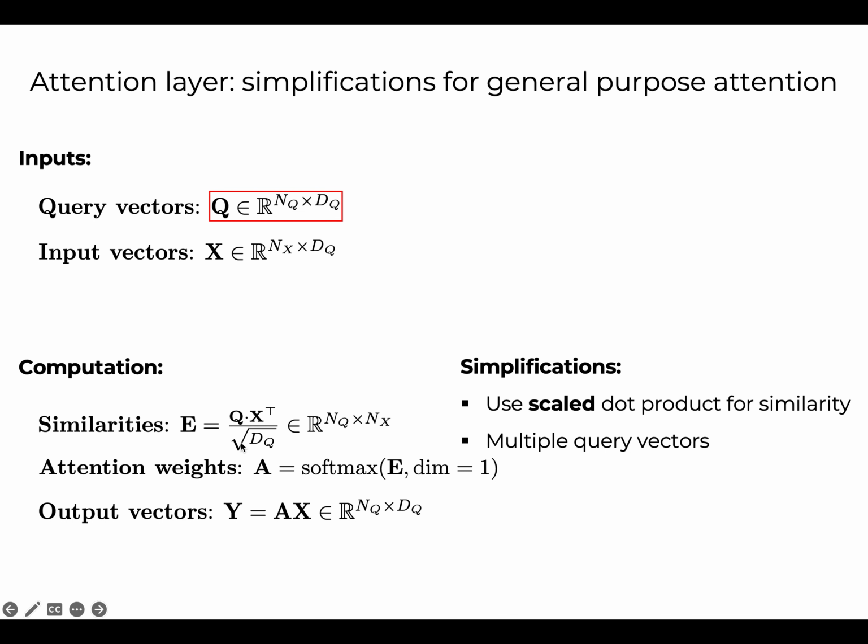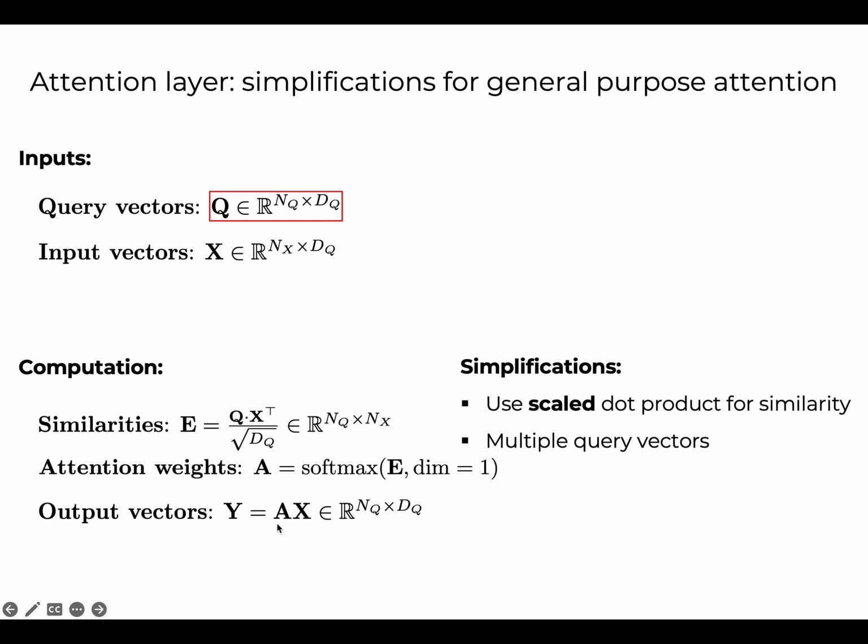And we still normalize all of those dot products. The rest of the process is still the same, so we still do softmax, but just noting that this is now a matrix, so we're doing it along a particular dimension, basically along the column, so the second dimension. Then we can also compute the output, so that's the weighting and summing of the input vectors, again by just doing a matrix multiplication.